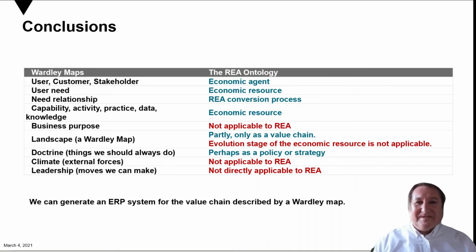So here is a summary. Most concepts of Wardley maps can be mapped to REA easily. This means that we can, using the REA model, automatically generate an ERP system or asset management solution supporting the Wardley map value chain. But there are some concepts that are perhaps out of scope of the REA ontology. One of them is business purpose.